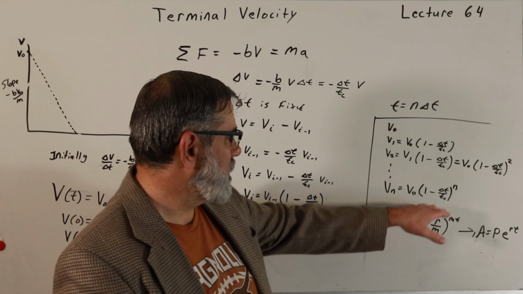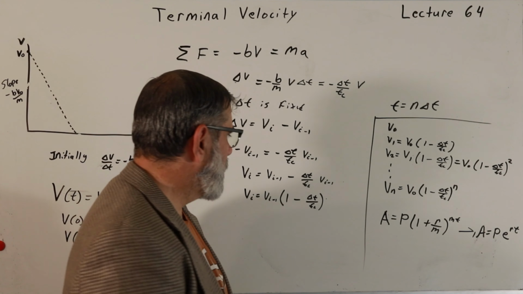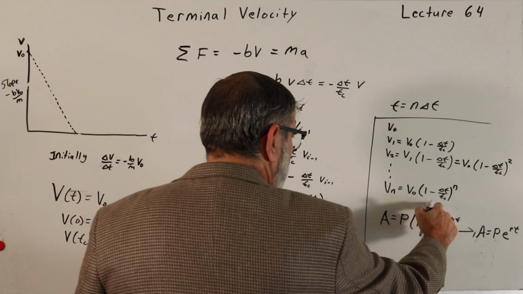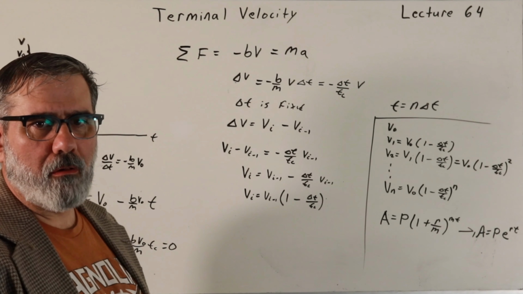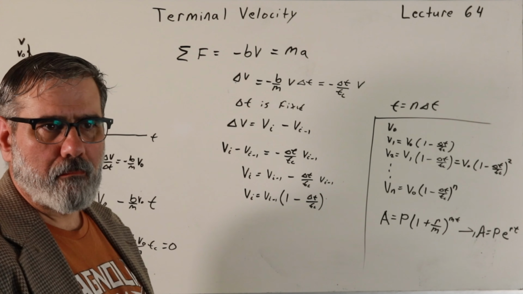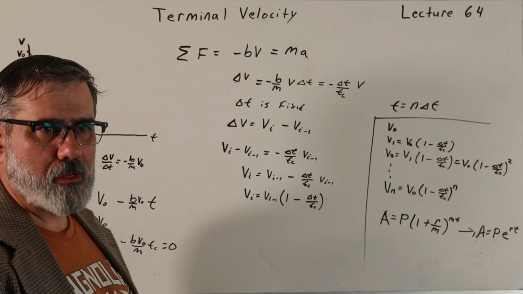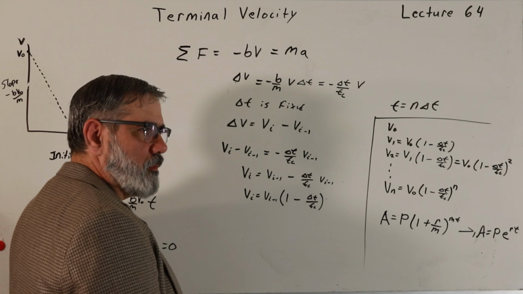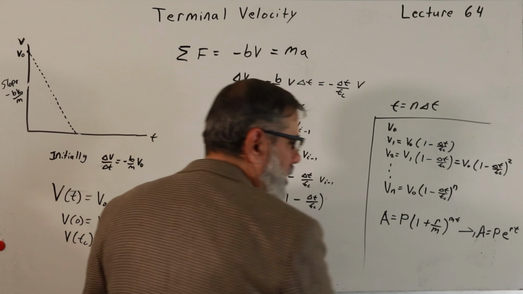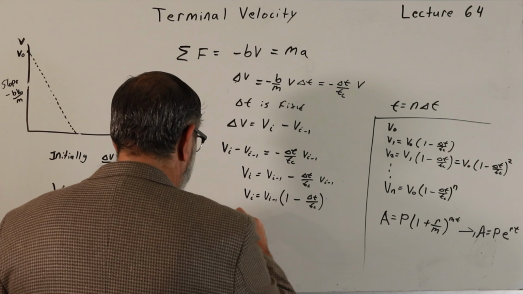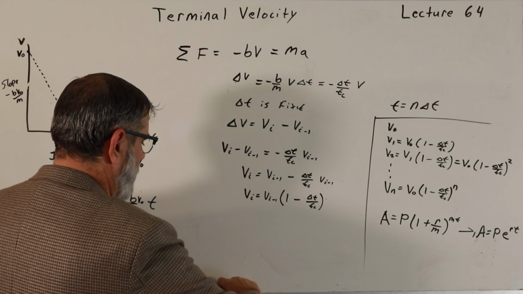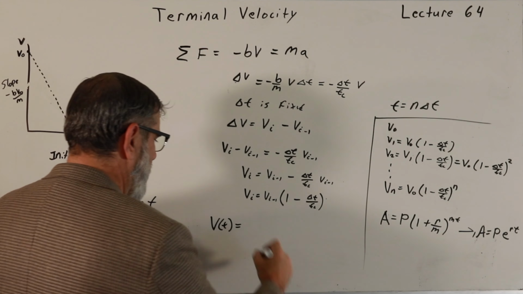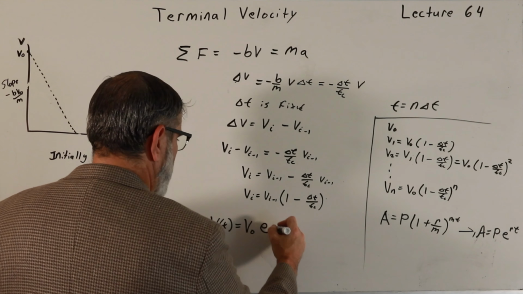So the form of this equation and this equation are very similar, right? And so I think it's not much of a stretch to reason that in the limit that delta t becomes very small, towards an infinitesimal size, we can make the same leap that was made with compound interest and write the velocity as a function of time as equal to the initial velocity times e to the minus t over t sub c.